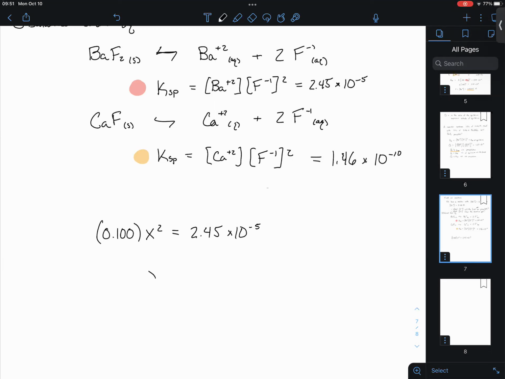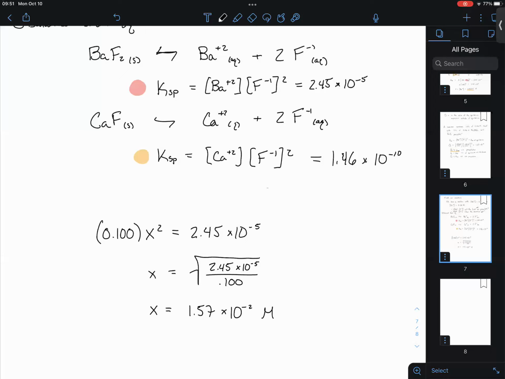Okay, solving for X. Again, going to get a very similar expression, but now I'm just using that different Ksp value. And this gives me an X of 1.57 times 10 to the negative 2 molar.